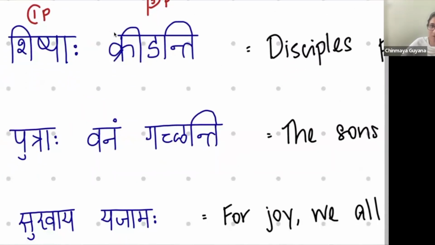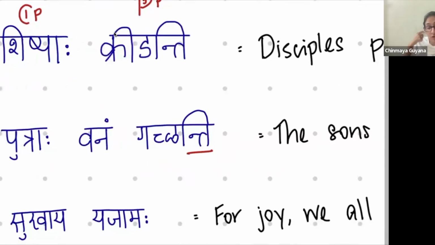Next. Putraha vanam gachanti. What is our subject or our verb? Gachanti. When you're going from Sanskrit to English, you can figure out the verb right away. Gachanti is third person and it is plural. So now I am looking for a plural subject. What is that? Putraha is first case, plural, masculine. Now see, vanam is a neuter word.